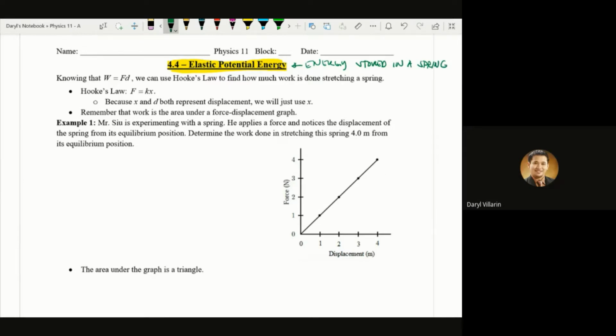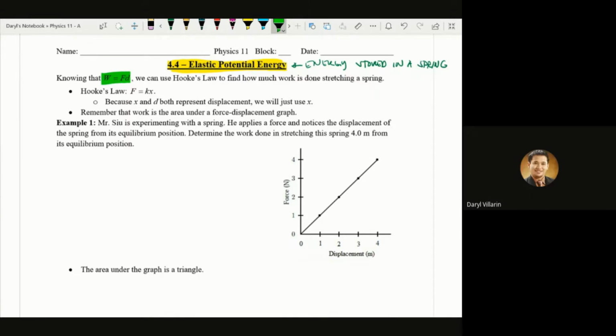So to start with, work again. The basic definition of work is just force times displacement. But remember that force and displacement must be parallel to each other.